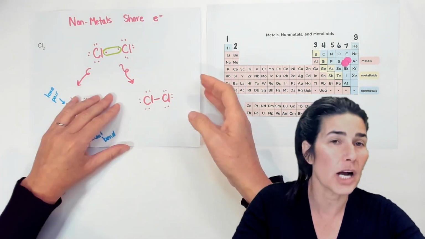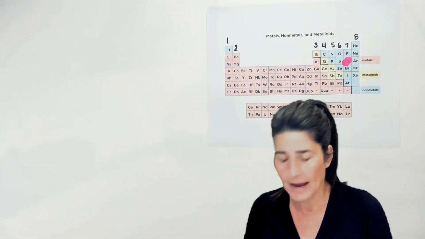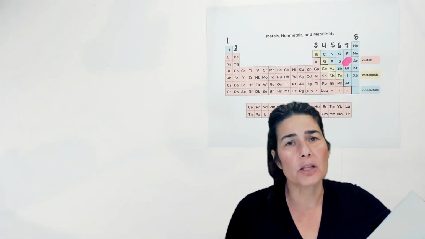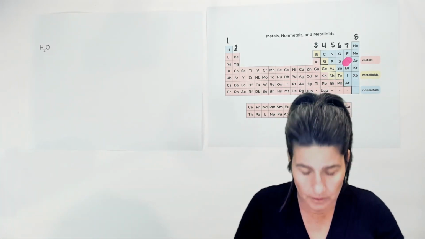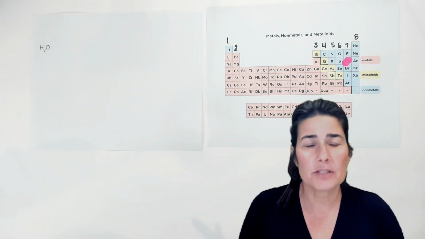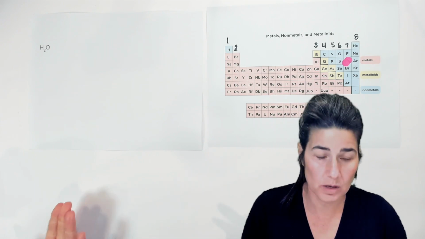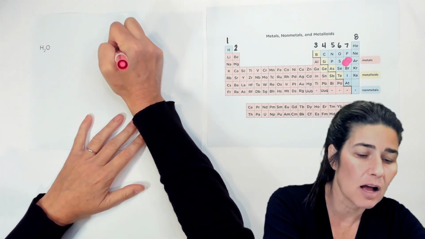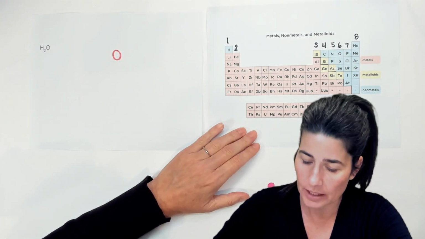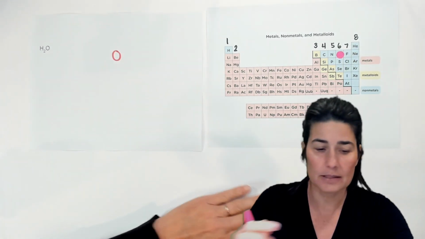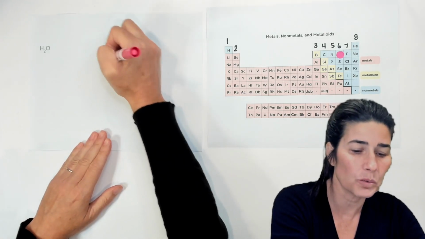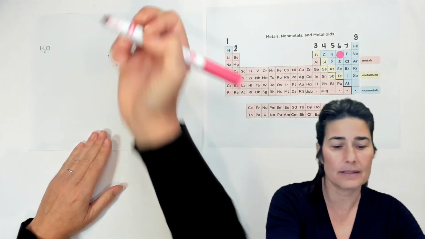Let's go ahead and try another one. What if I asked you to show me the Lewis structure for water? All right, let's start at the beginning. We have 2 H's and we have an O. I'm going to go ahead and start with my oxygen. Oxygen is in the oxygen family and has 6 valence electrons: 1, 2, 3, 4, 5, 6.